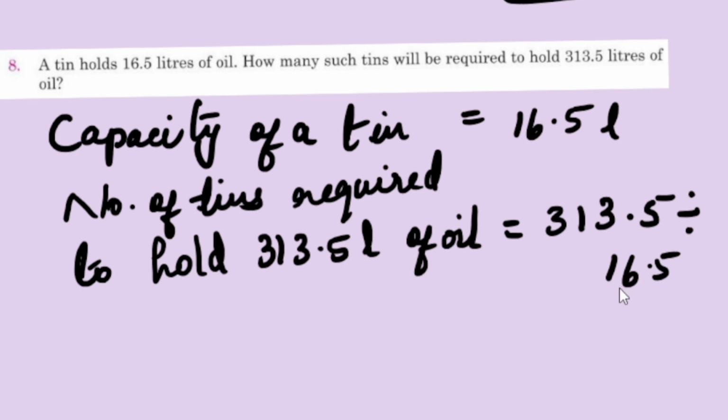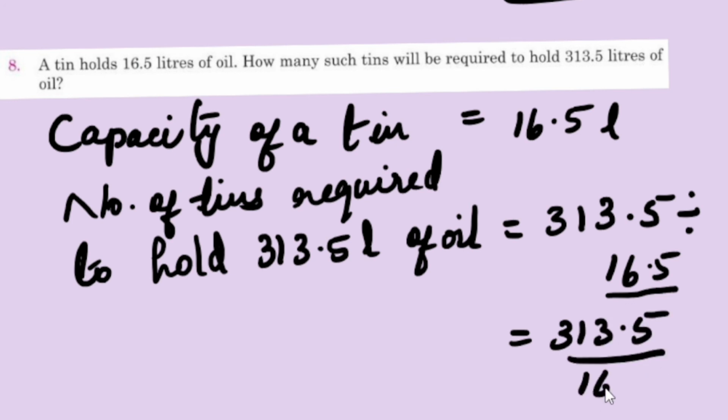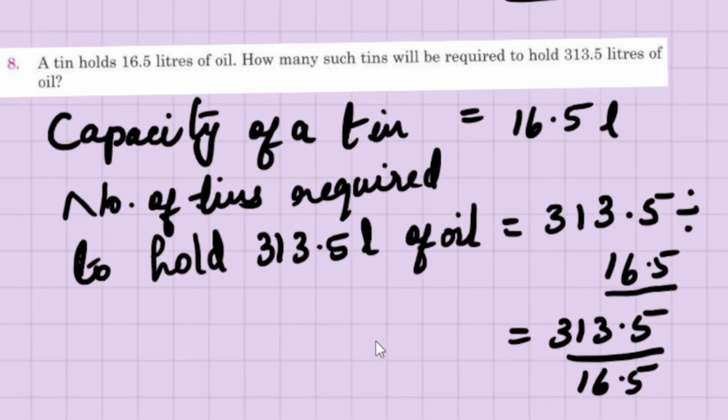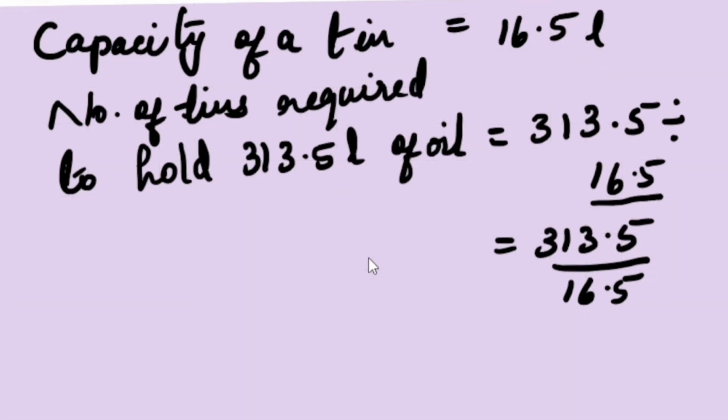For division, there should not be any decimal point in the divisor. So here one decimal point is there that we have to remove first. Okay, so how we can remove this? We can write 313.5 divided by 16.5 as a fraction, isn't it? So by multiplying both numerator and denominator by 10, we can remove that decimal point.